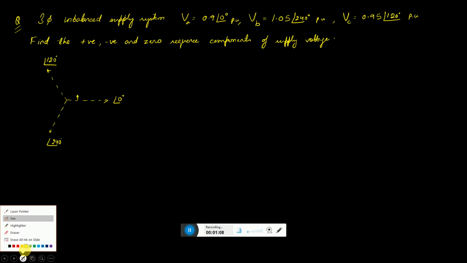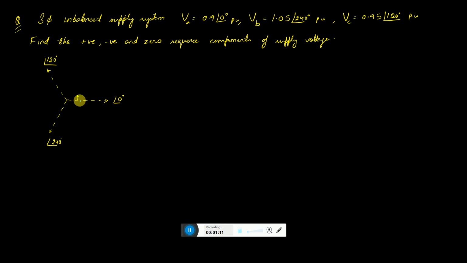So if this dotted line is 1, VA is 0.9, so VA is somewhere up to here. VA is 0.9 at angle 0 degrees, and VB is 1.05, a little bit more than that, at angle 240 degrees.